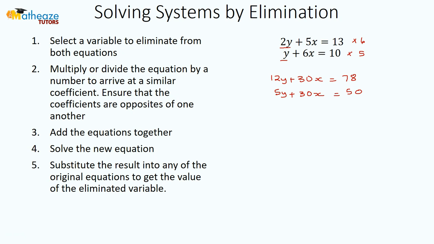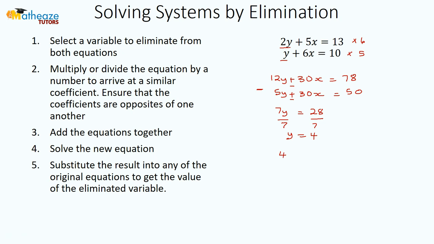And then same sign, so we're going to subtract. 12y minus 5y, 7y equal to 78 minus 50, 28. Divide by 7, divide by 7. So y equal to 4. Now I'm going to substitute y equal to 4 into the second equation.